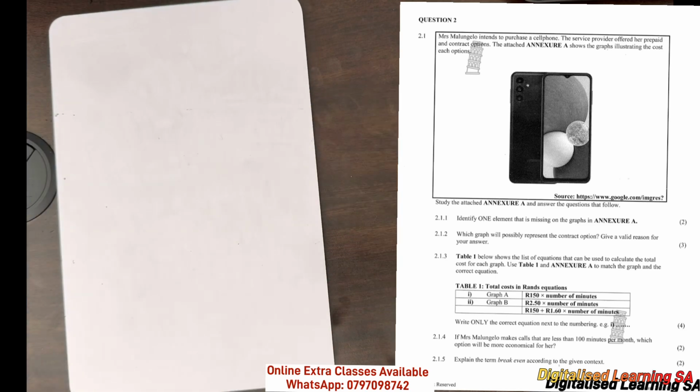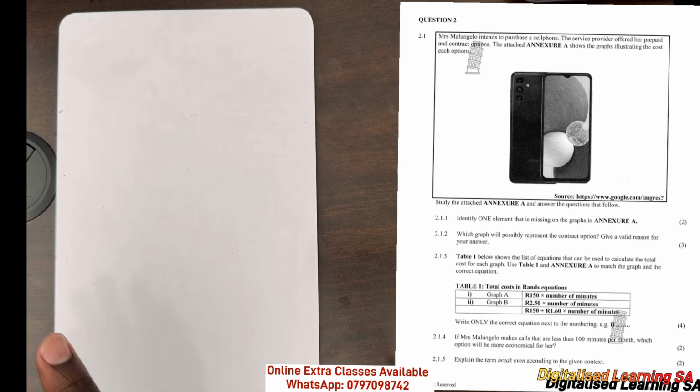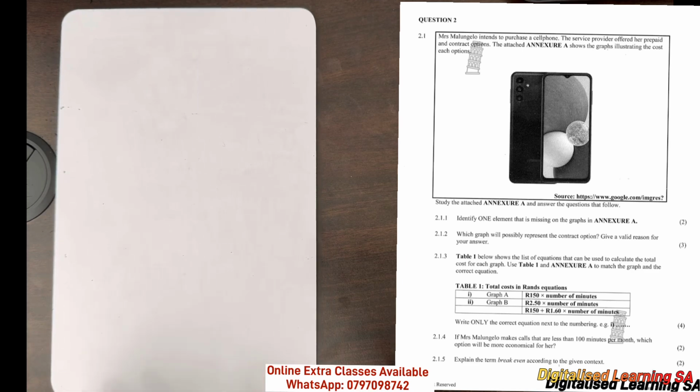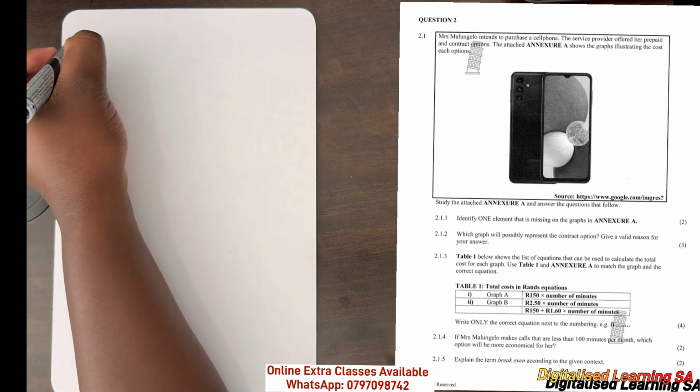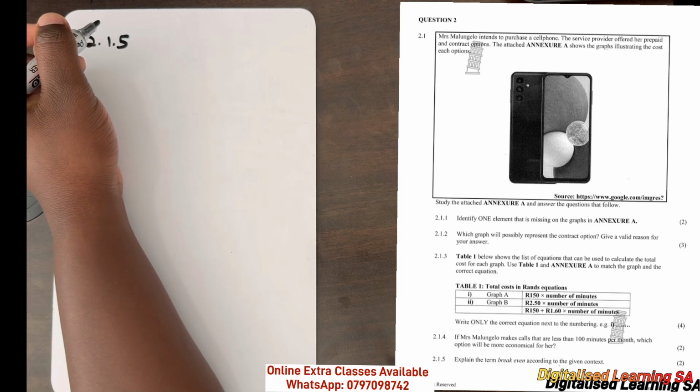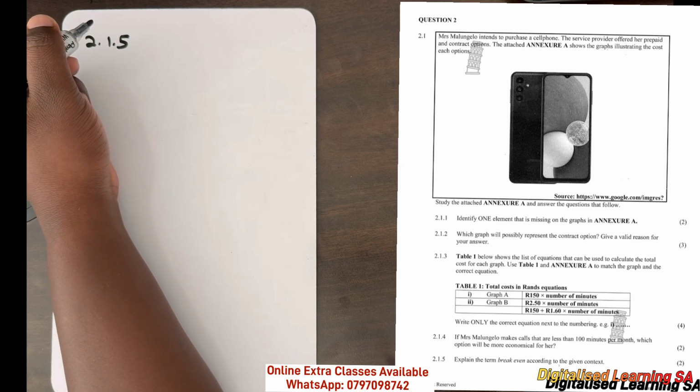So we will answer question 2.1.5. Question 2.1.5 says explain the term break even according to the given context.